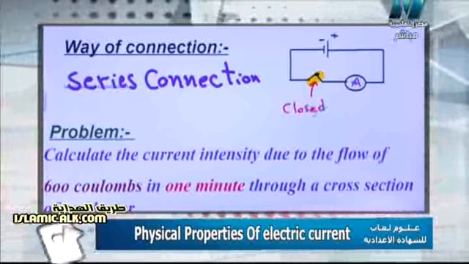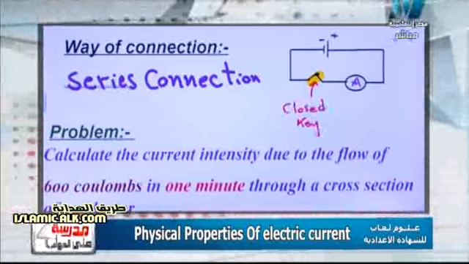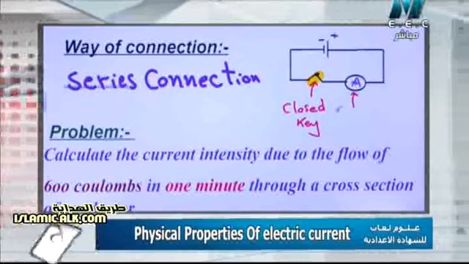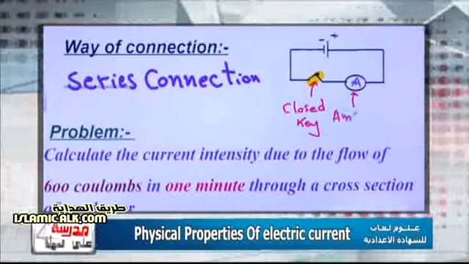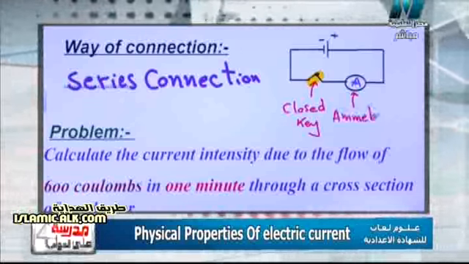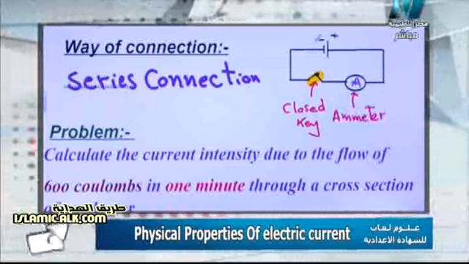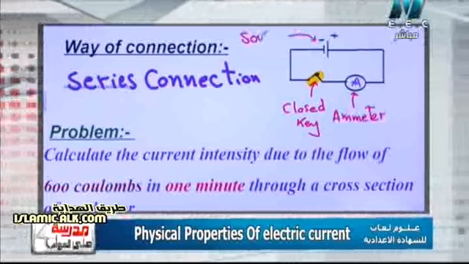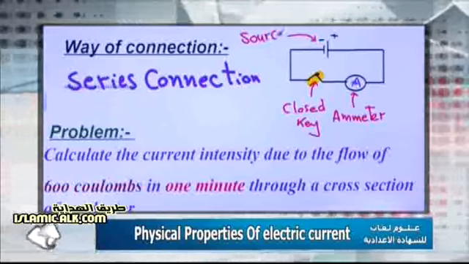Here, of course, this is a closed key. Here we have an ammeter. Here we have the source or battery.